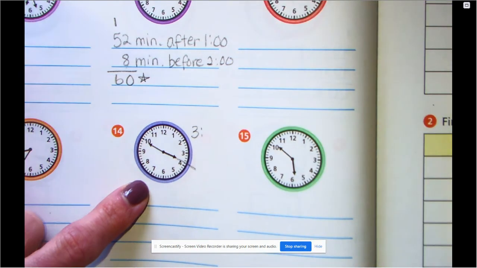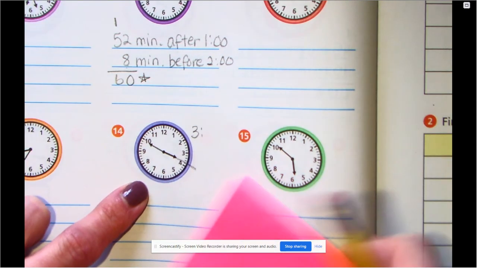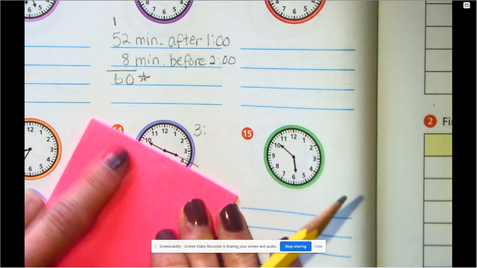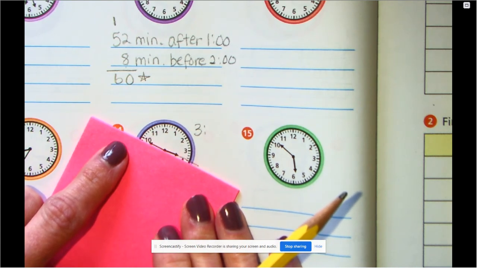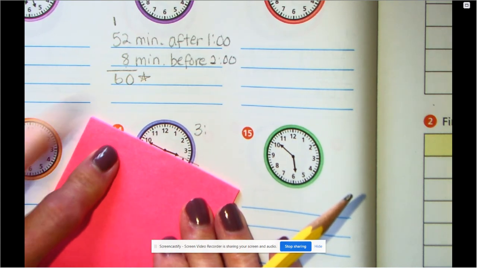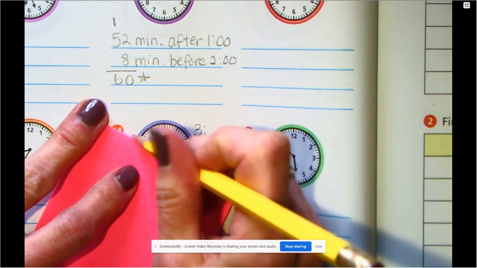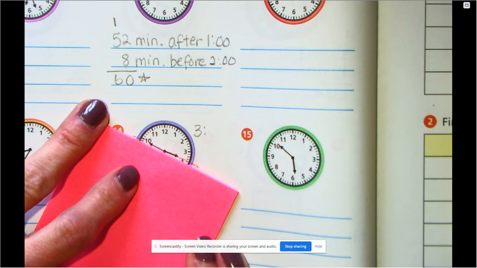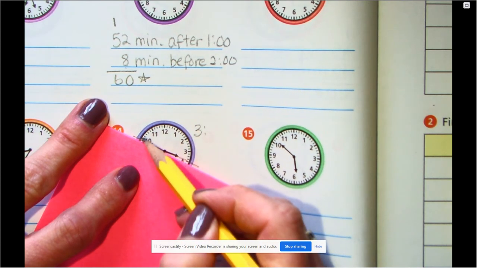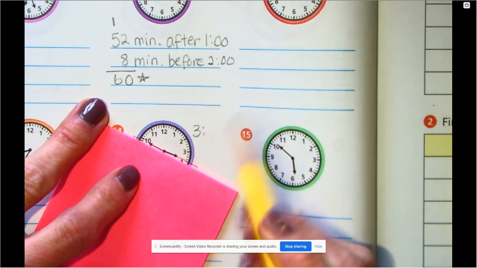You can take a piece of paper or a sticky note, and you can put it right next to that minute hand. Kind of connect that to that tick mark on the clock. So I can see it's right about there. It looks like it's about 1 more minute before it's kind of pointing at the 10.